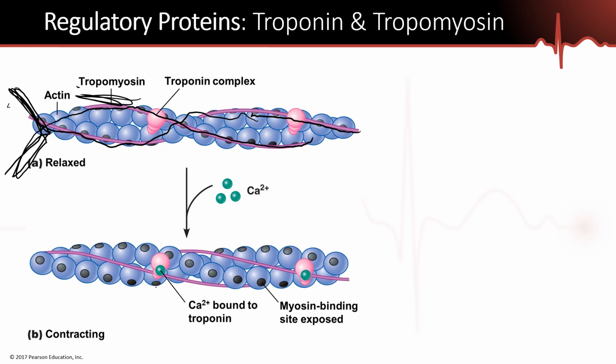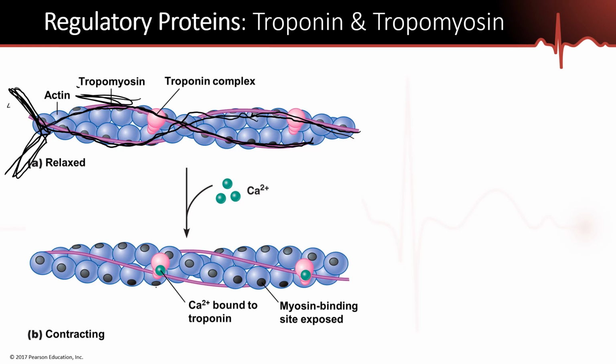This little strand-like protein that runs along the F-actin strands of the actin filament is called tropomyosin. And if you look closely, it runs along the F-actin strands in such a way that it covers up the myosin binding sites on every single one of these globular actins, these G-actins that make up the entire actin filament itself.